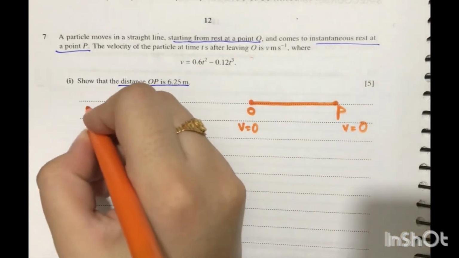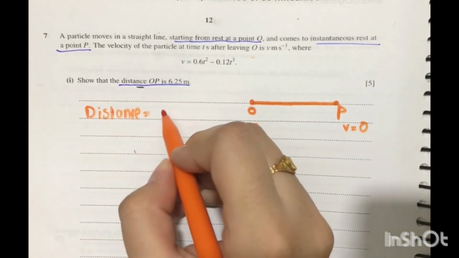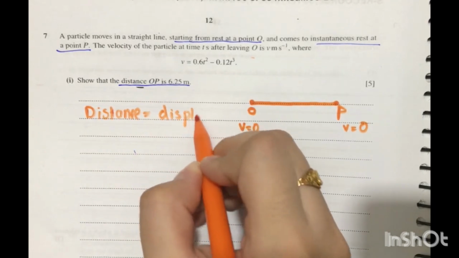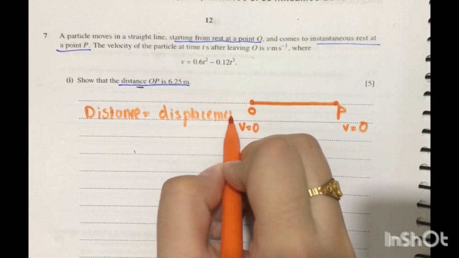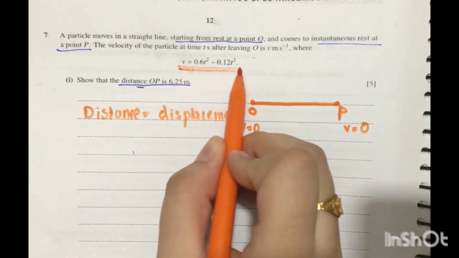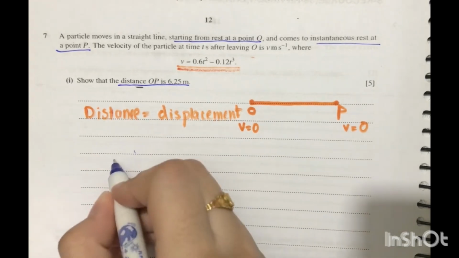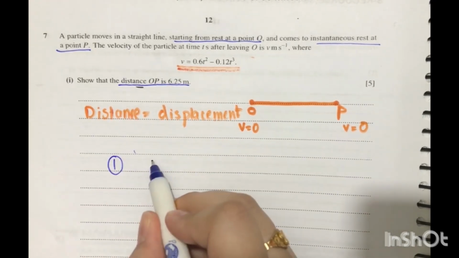In this case, distance is equal to displacement. So they've given us the equation for velocity. First, we need to find out the time at which velocity is 0. So for that, we will equate velocity to 0.